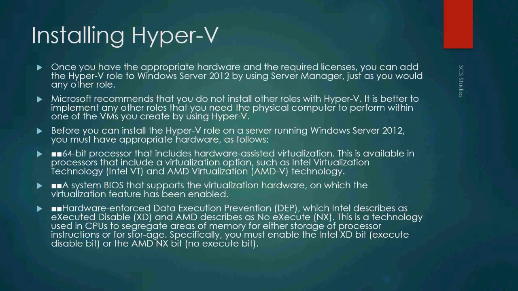This is available in processors that include a virtualization option such as Intel Virtualization Technology, known as Intel VT, and AMD virtualization, known as AMD-V technology. That should be enabled on your processor, and the processor should be a 64-bit supported processor.